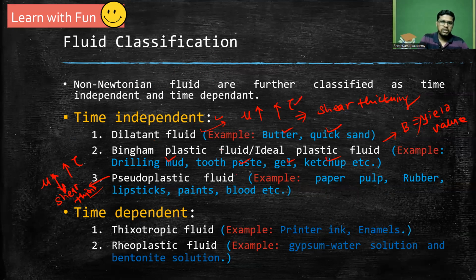But the pseudoplastic fluids are called shear thinning fluids whose viscosity decreases with the increasing shear stress. So these are the time independent fluids. And the examples for the pseudoplastic fluids are paper pulp, rubber, lipstick, paints, blood, etc.